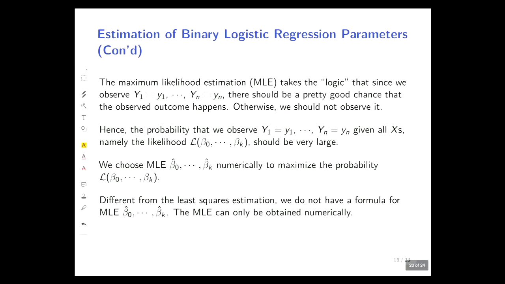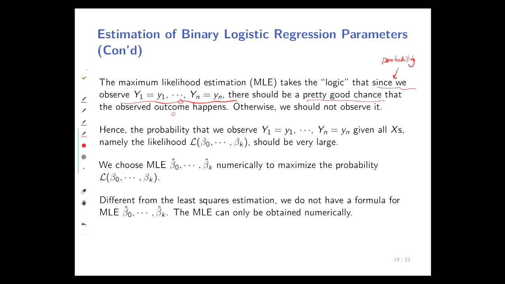Because the likelihood here is the probability that we observe y1 to yn, maximum likelihood estimation has a maybe a little strange, but sometimes reasonable logic. Since we have observed this situation, there should be a pretty good chance that this observed outcome happens. Otherwise, we could not observe it, right?